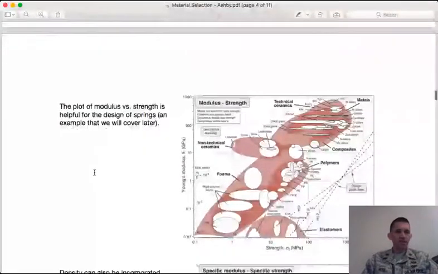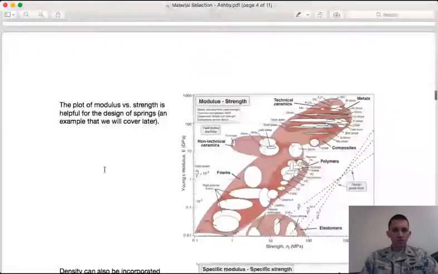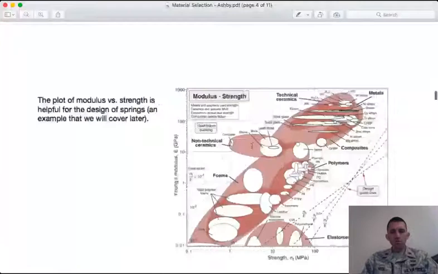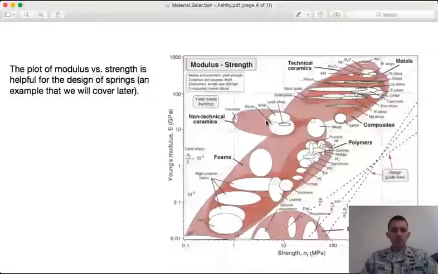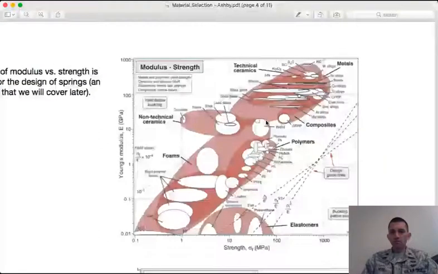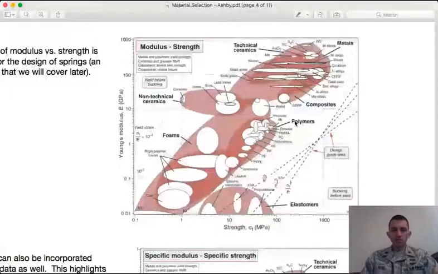And then these next few charts are examples of different properties. So previously I showed modulus versus density and strength versus density. This might not be the first thing that you would think of, but you can actually plot Young's modulus versus strength and get rid of the density completely. And you say, well, why would you want to do that?